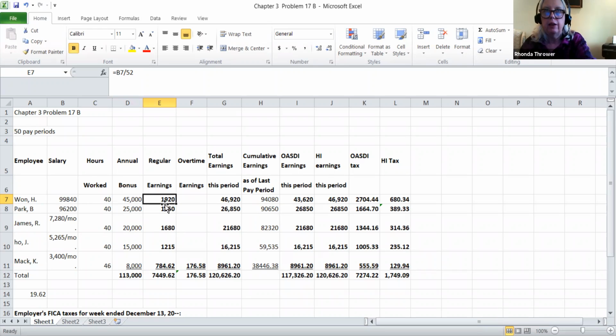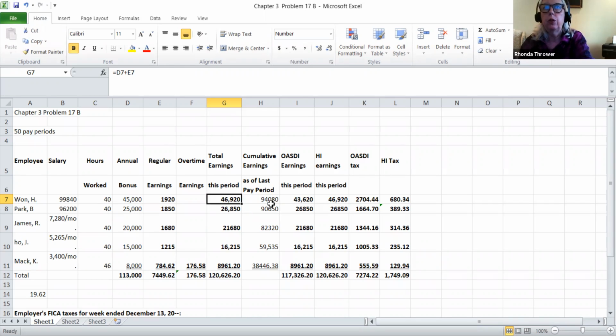Also, he didn't have any overtime hours. So his total earnings for this period of time would be the bonus plus the regular earnings. So his earnings are $46,980. Maybe that was a Christmas bonus that they were given.